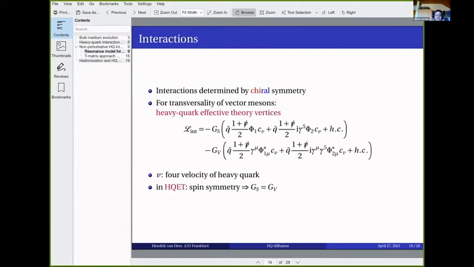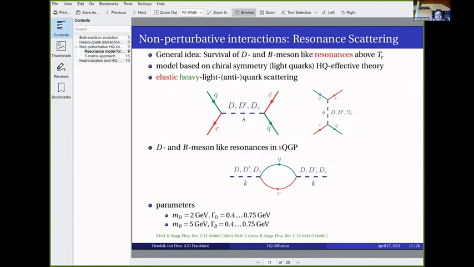For the interactions, it's simple Yukawa-like interactions. And from heavy quark effective spin symmetry, we assume these coefficients to be the same for the scalar or pseudoscalar and vector particles. And then of course you have S and U channel contributions for the matrix elements.